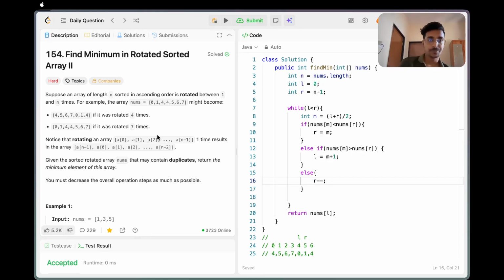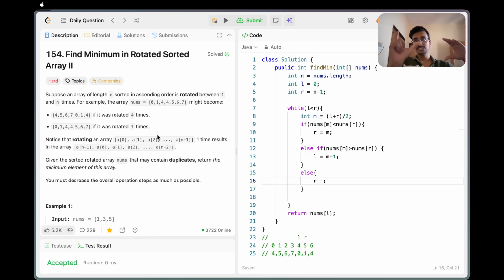We have a rotated sorted array with duplicates. First let me explain without duplicates, then we will go with the duplicates. So what was the scenario? The graph will go like this, then dip, and then again rise.